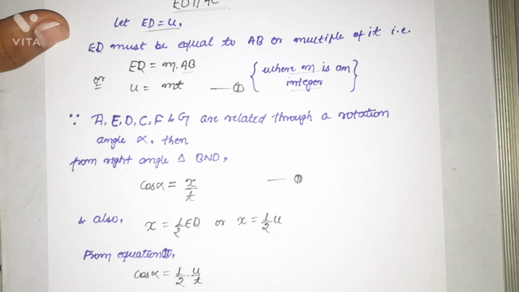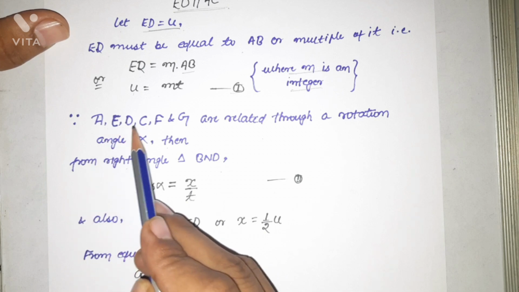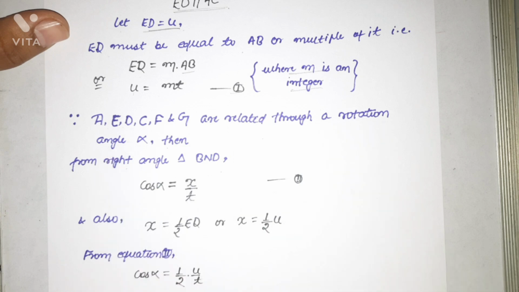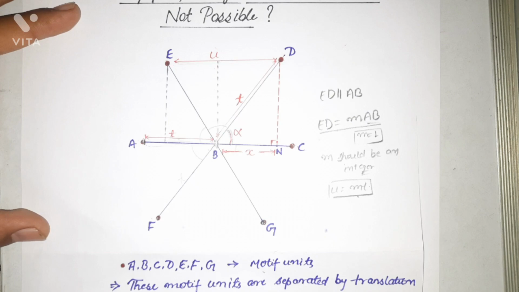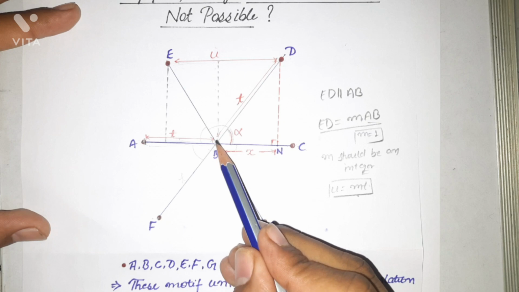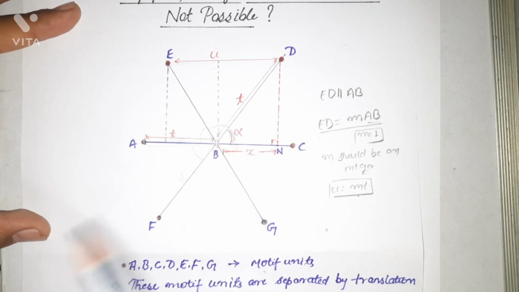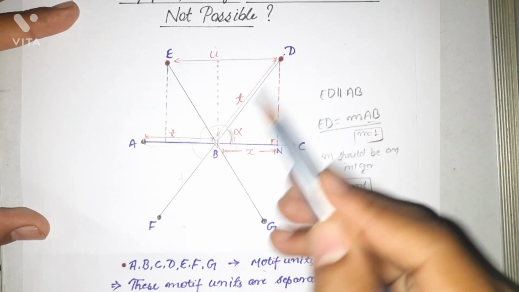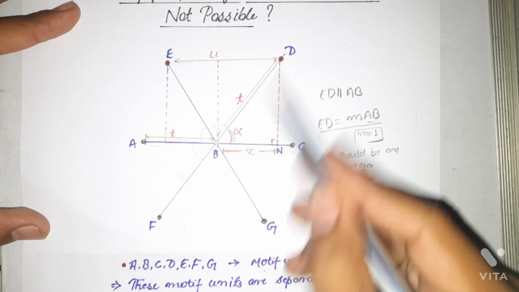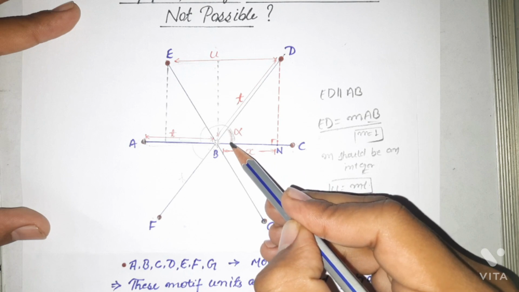Okay. Now, since A, E, D, C, F and G are related through a rotation angle alpha from B, from right angle triangle BND, cos alpha equals x upon T. Now, if we draw a perpendicular from point D to BC, this will form a right angle triangle BND, with angle alpha.